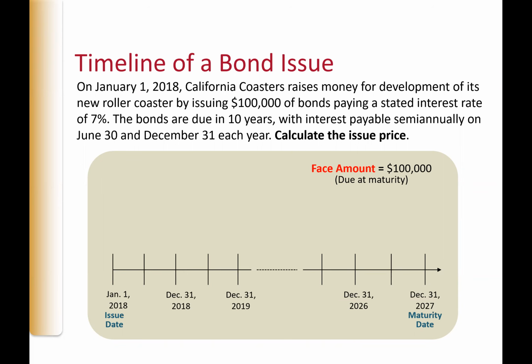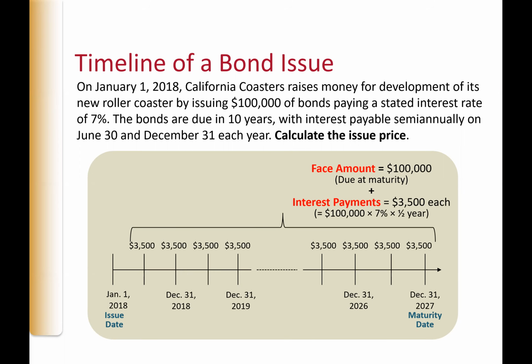So you take the face amount times the stated rate times half a year, because generally bonds are paid semi-annually, twice a year. The stated rate is used to show what the payment is every 6 months, and that is it. And then we talked about the market rate.